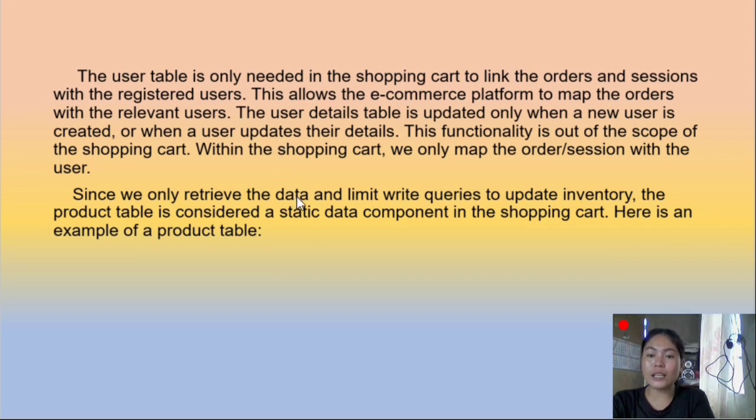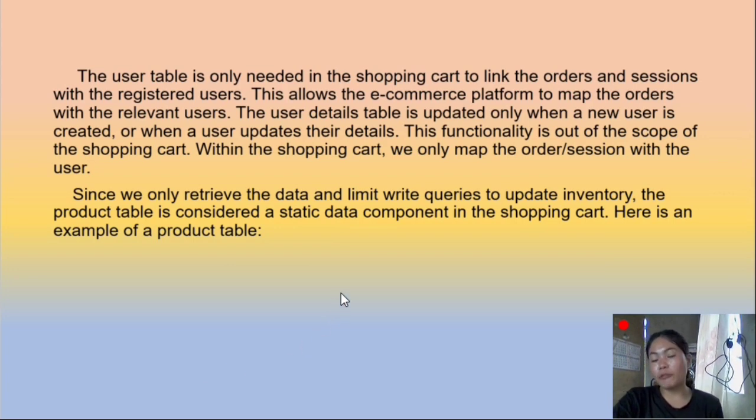This functionality is out of the scope of the shopping cart. Within the shopping cart, we only map the order or the session with the user. Since we only retrieve the data and limit write queries to update inventory, the product table is considered a static data component in the shopping cart.